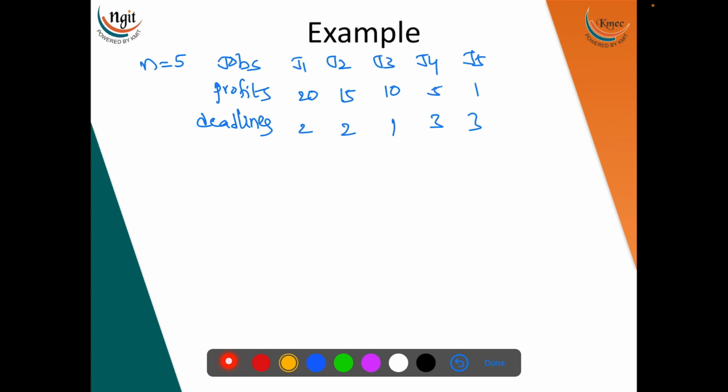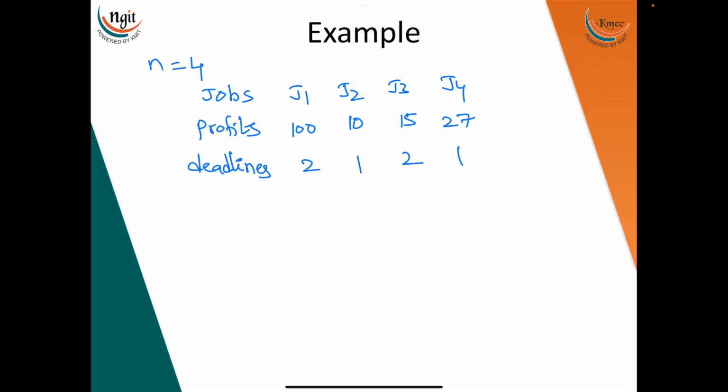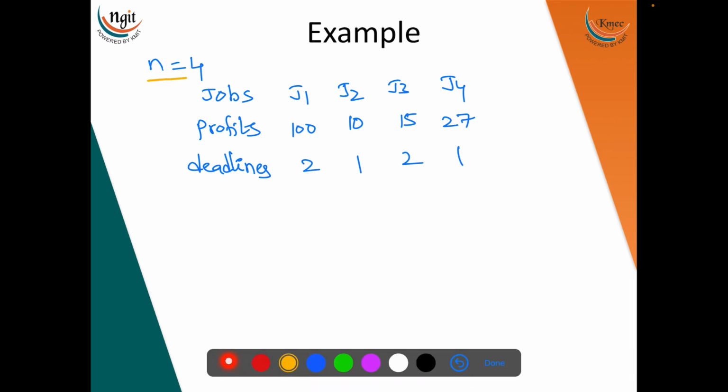Now we'll take an example to understand this. Let us assume I have been given n equal to 4 jobs, J1, J2, J3, J4, to finish within their deadlines. The maximum deadline is 2.